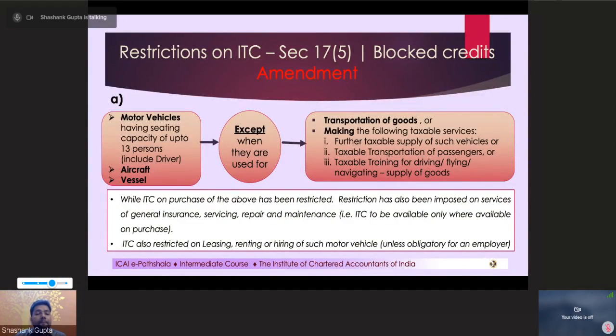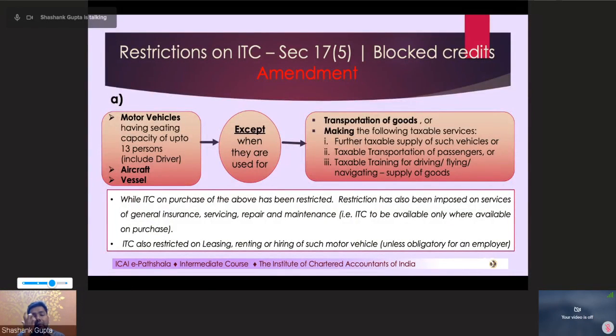Motor vehicle having seating capacity of up to 13. So first let us draw a distinction. Motor vehicle for transportation of goods, no restriction, entire credit available.